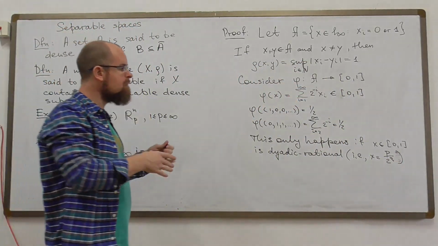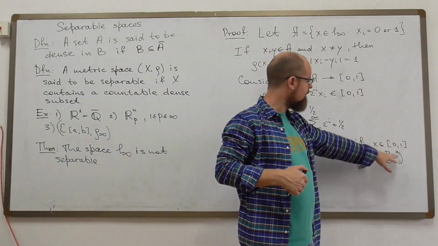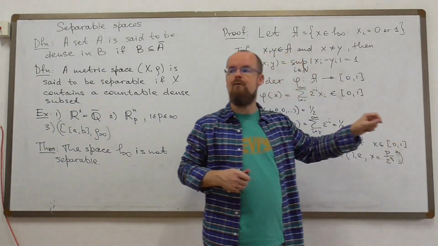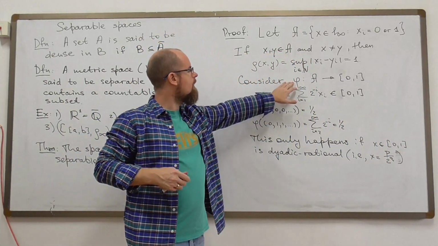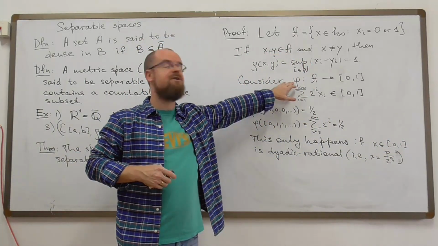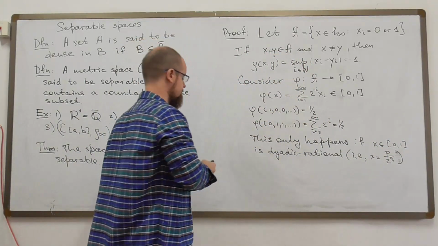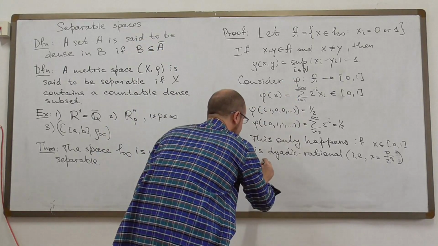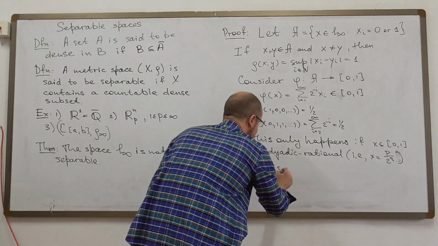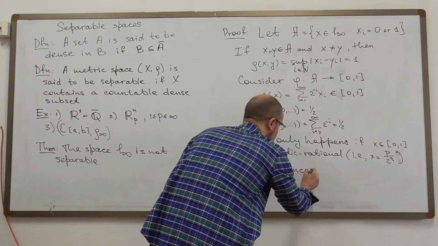So if we remove these numbers from the set [0, 1], then we will get that the mapping phi is a bijection, which means that the set A is uncountable.